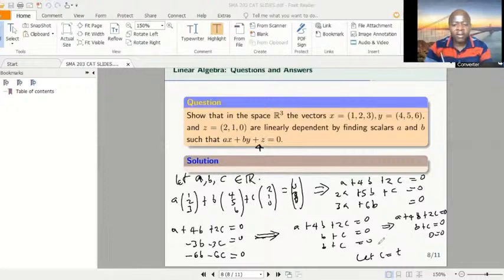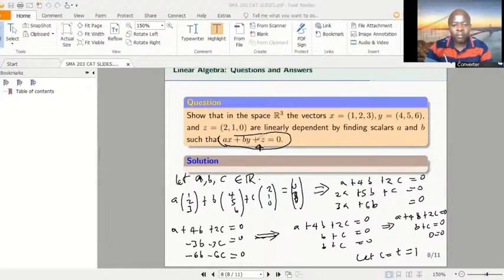So you can never let it be 2, you can never let it be 5, you can never let it be 6, and so on, because we've already been told that z should be multiplied by 1. So x was multiplied by a constant a, y was multiplied by a constant b, but z was multiplied by a constant 1. That means the question is limiting us to only one parameter, that t should be 1.